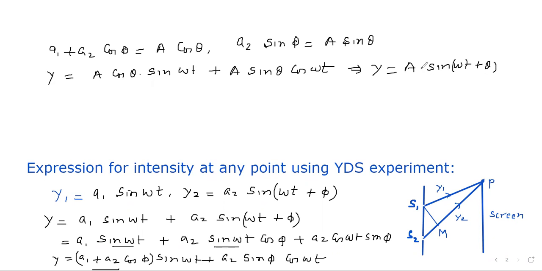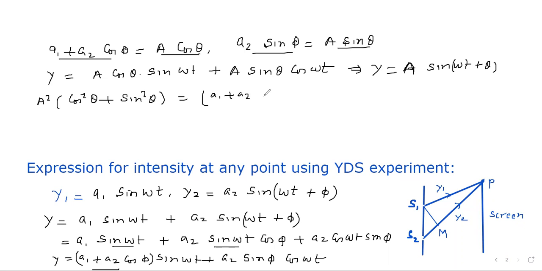Now we have to determine the value of capital A, the amplitude of the resulting wave. For that, we square and add these two equations. So it will become A square (cos square theta plus sine square theta) equal to (A1 plus A2 cos phi) whole square plus A2 square sine square phi.